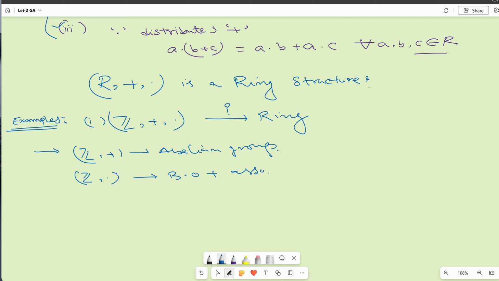Here plus and dot are the usual multiplication and addition. This is associative, as well as distributive. So Z, plus, dot is a ring, right?